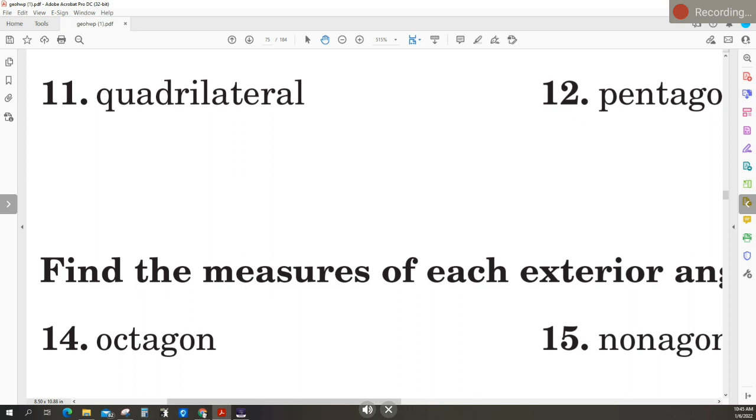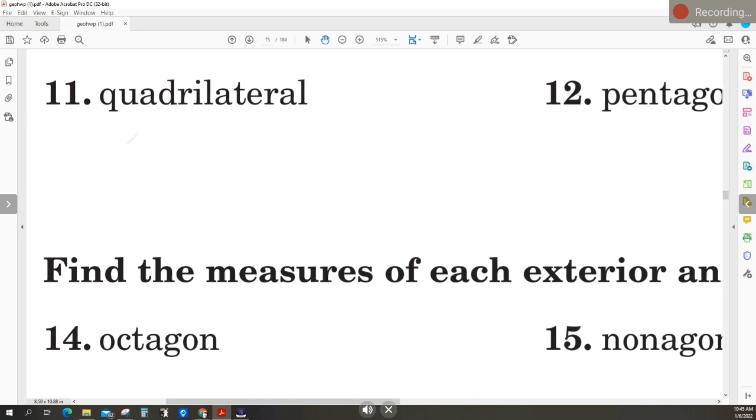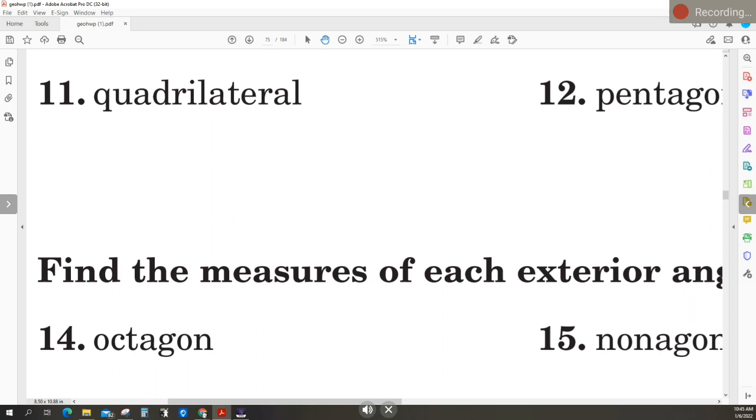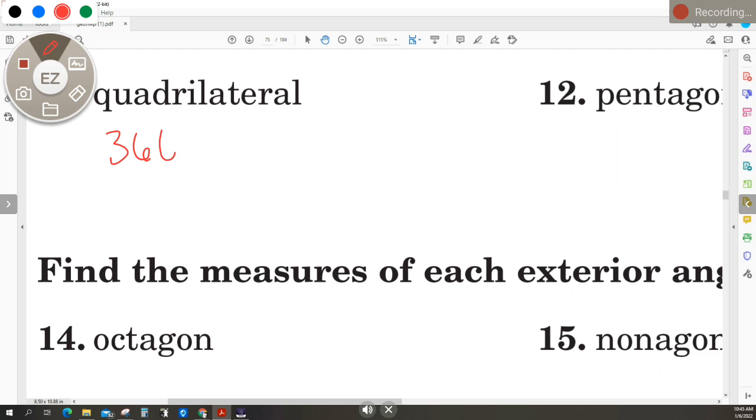Now, what is the sum of the angles of a quadrilateral? What do we know they add up to? 360. If there are 4 of them and they're all the same, how do we find out what one of them is? Divide by 4. So we would do 360 divided by 4, and that gives us 90.